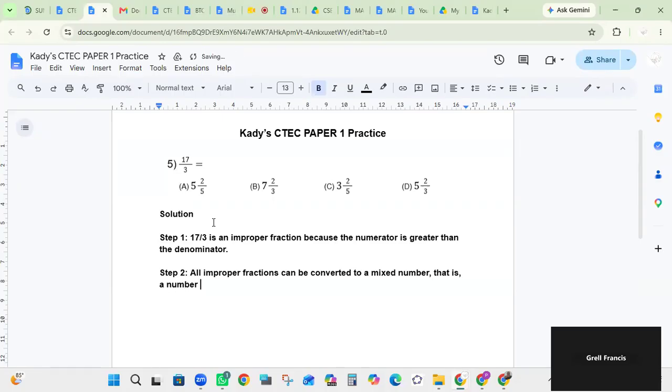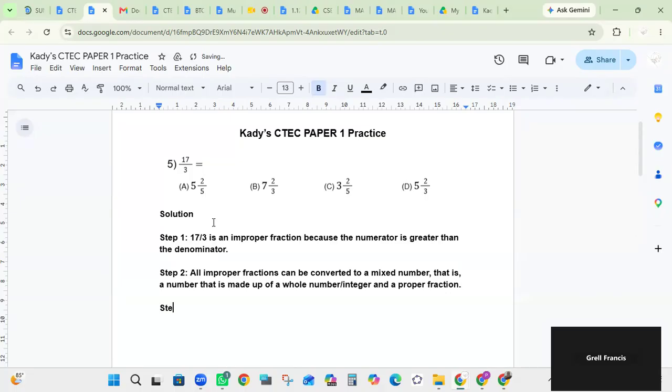A number that is made up of a whole number, as you said, or an integer, because an integer, a whole number, a negative whole number is an integer. So it can be a whole number, or you can say slash integer. It has to be whole, not a decimal, and a proper fraction.